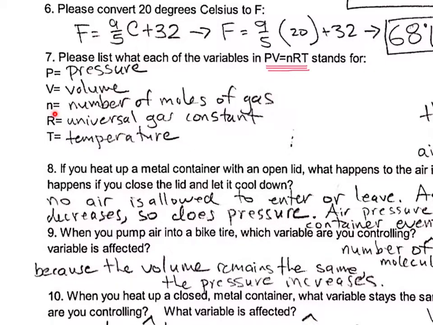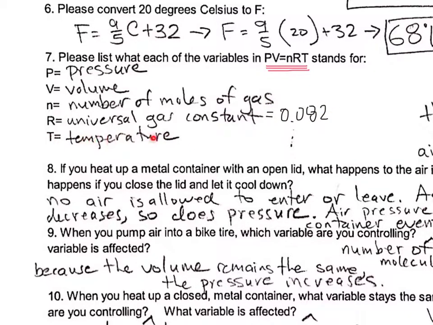R is just a constant, meaning it's a number that you put in the equation all the time. And for us, it's 0.082. That never changes, no matter how much pressure there is, or how much volume there is, or how much gas there is, or how hot it is, this is always the same.